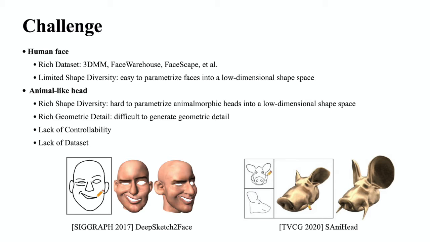To address this, Sunny introduced a view-surface collaborative mesh generative network to enhance geometric details, but it does not support accurate control of global shapes, and it's also hard to generate reasonable geometric details. Another limitation of deep learning-based animal-morphic head modeling is the lack of datasets.